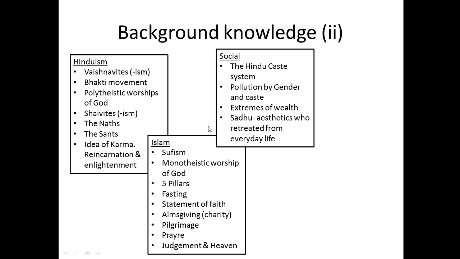They're looked down on by those in the higher caste, and to mix together would be spiritually pollutive. Pollution by gender is where women are pollutive to men. So we also have extremes of wealth and the sadhu, who are a group of ascetics who retreated from everyday life.